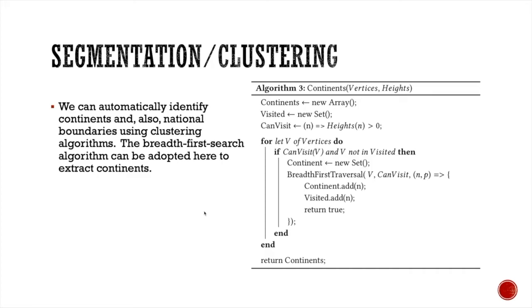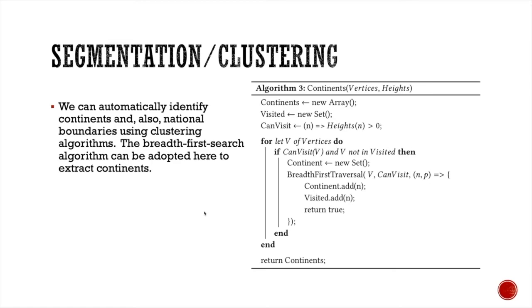Now, after we've done this, we might perform segmentation or clustering algorithms to identify things like continents or nation states or regions of the map that we would like to isolate. But we can do this by using, for example, even a breadth-first traversal algorithm, revisiting that. We can actually do this for all vertices in the map that are above sea level.